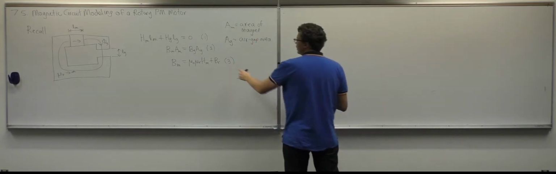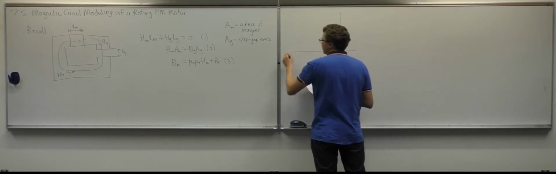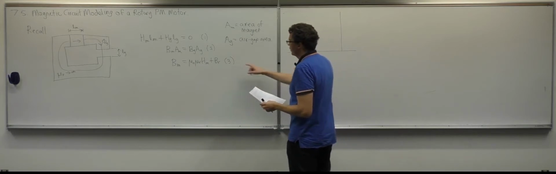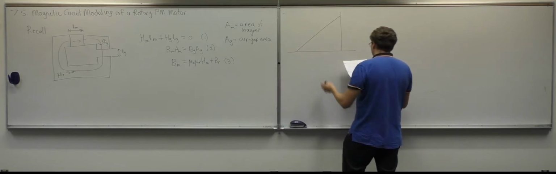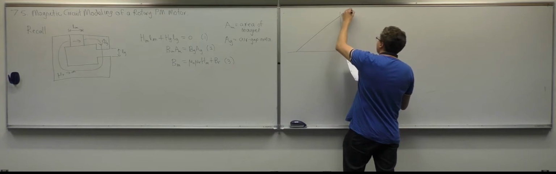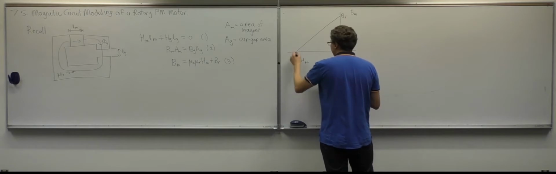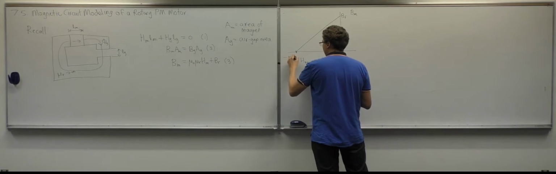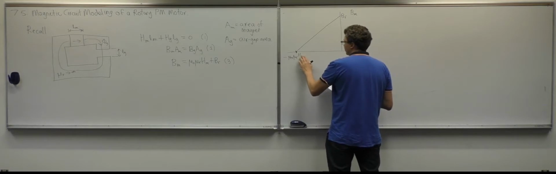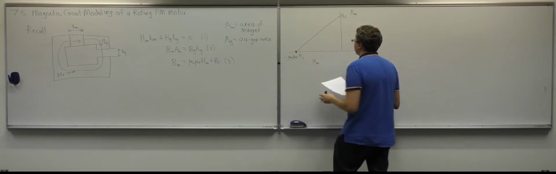And so equation 3 is the equation that governs the magnet material, and we could model it using a BH curve, where this crossing point would be here.